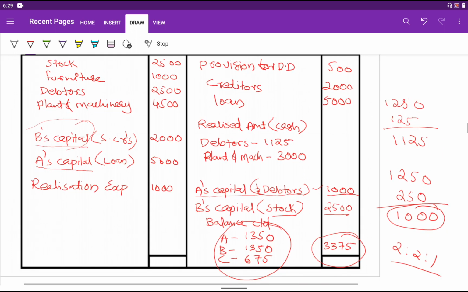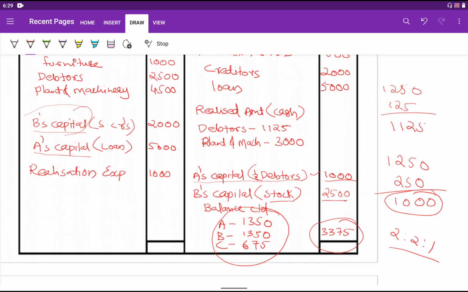Now we can check the debit side of realization. B's capital, sundry creditors is coming.